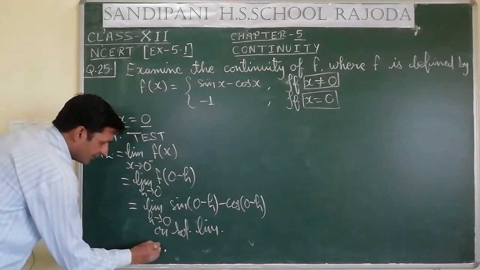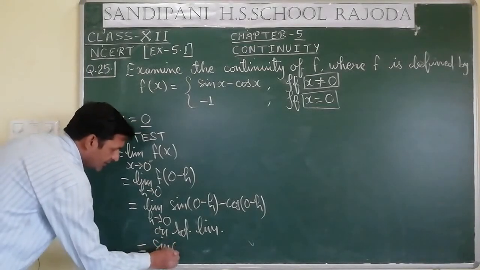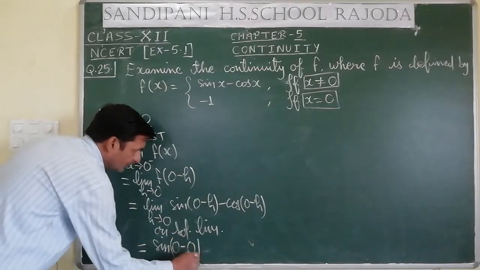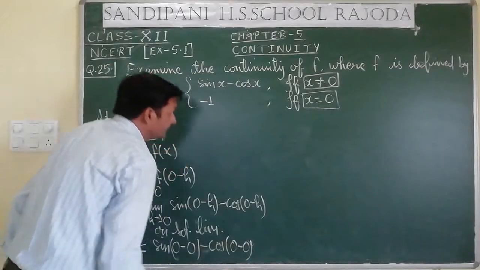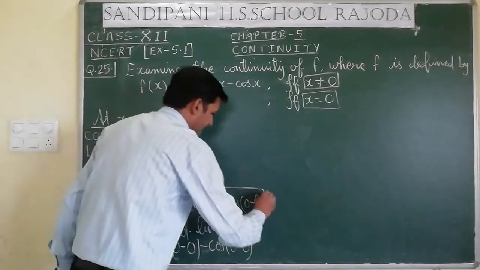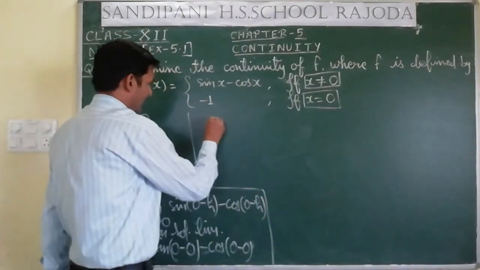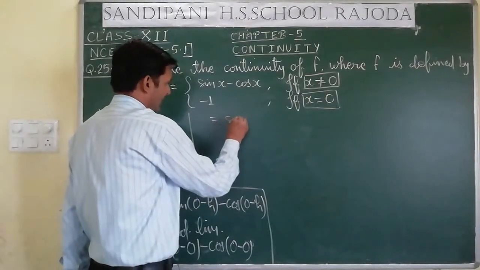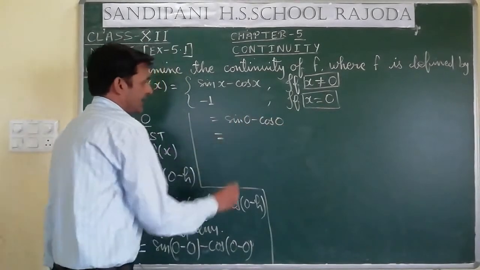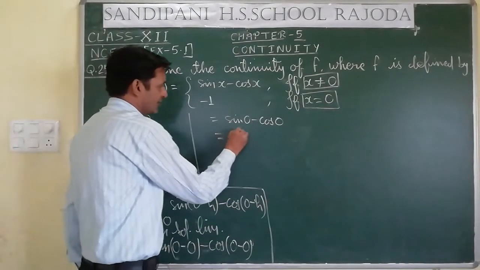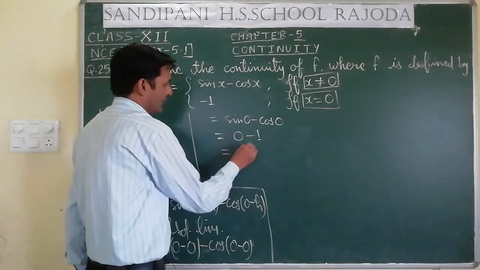So sin 0 minus 0 minus cos 0 minus 0, so it will be equal to sin 0 minus cos 0. Sin 0 minus cos 0 means 0 minus 1, that will be equal to minus 1.